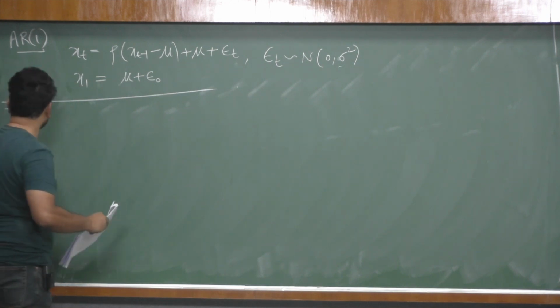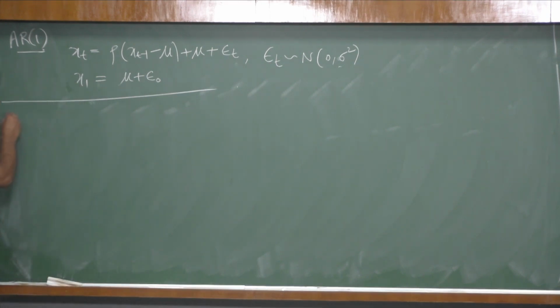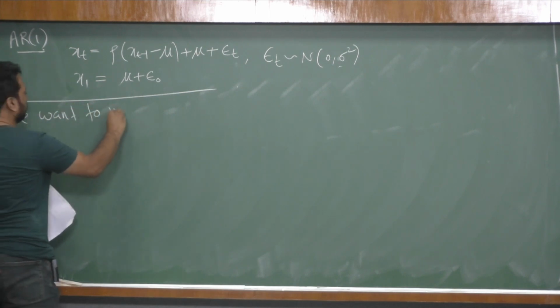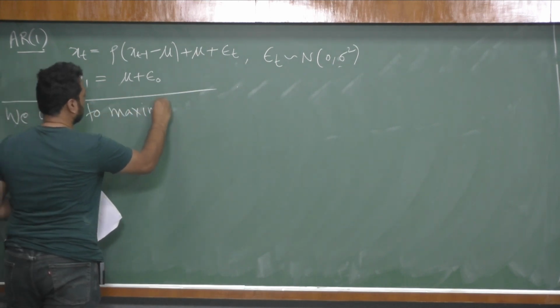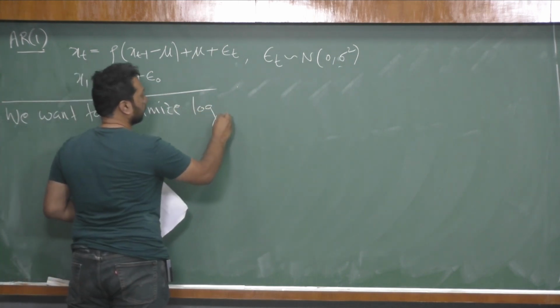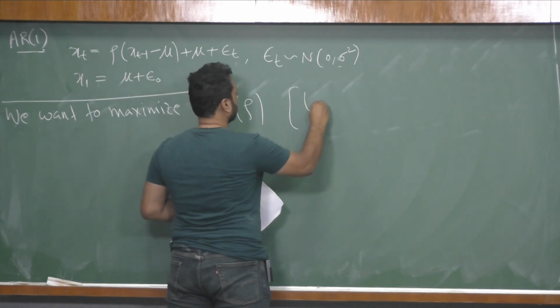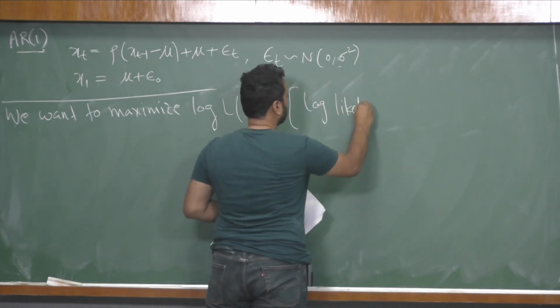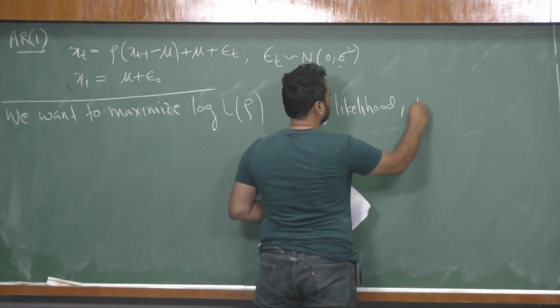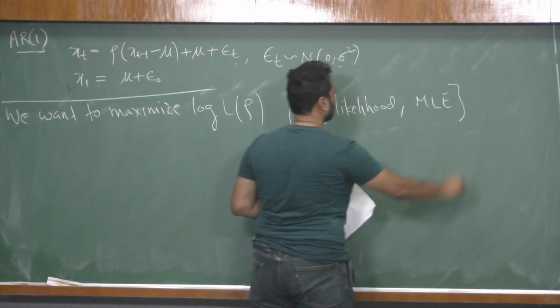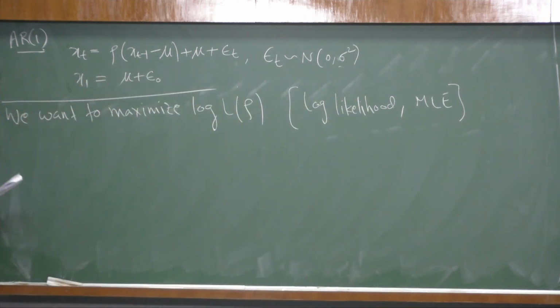We can write down one more line just for the sake of note. So we want to maximize log L of rho, which is the log likelihood or MLE estimate that we are doing here.